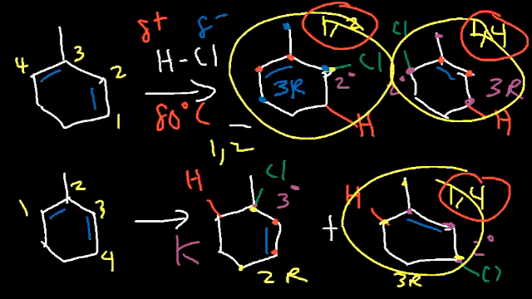However, one of the 1,2s was a kinetic. So the 1,2 is not always the kinetic. In this case it is, but this other 1,2 isn't. So the best way to find out which one is going to be the thermodynamic product is to find out which alkene is most stable. And for the kinetic product, you need to know which one passes through the most stable carbocation intermediate.